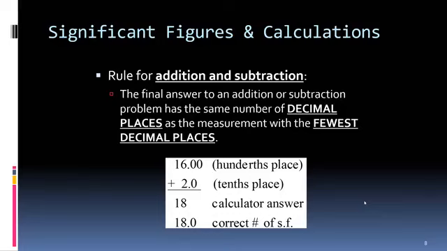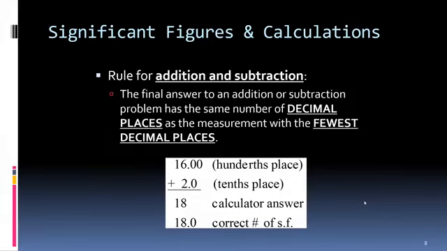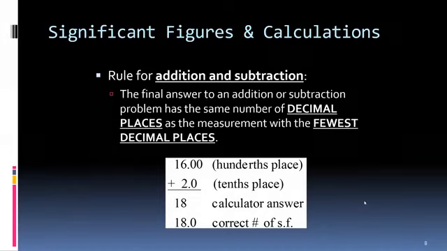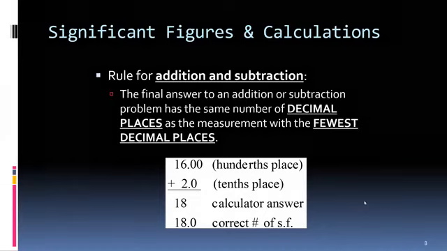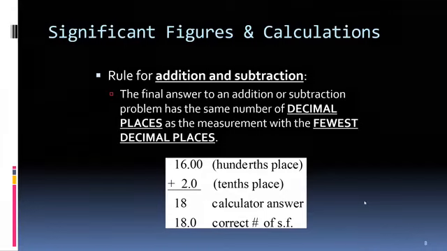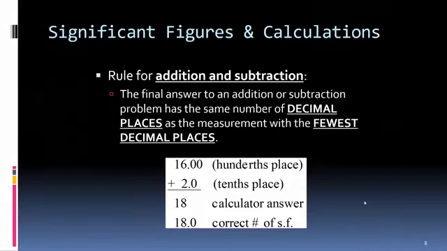Our second rule for calculations is the rule that is for addition and subtraction problems. The rule states that the final answer to an addition or subtraction problem has the same number of decimal places as the measurement with the fewest decimal places. This rule can be confusing and misleading.